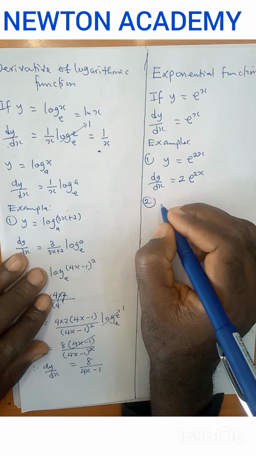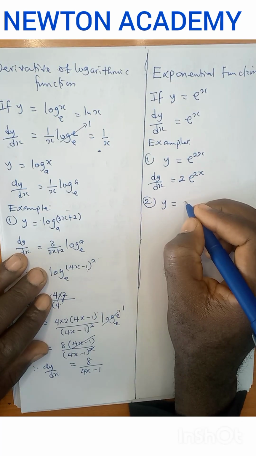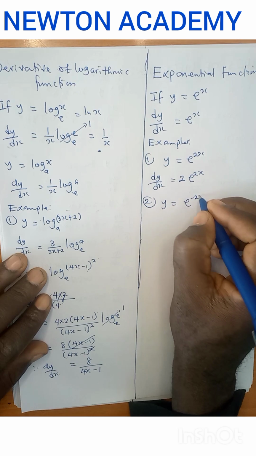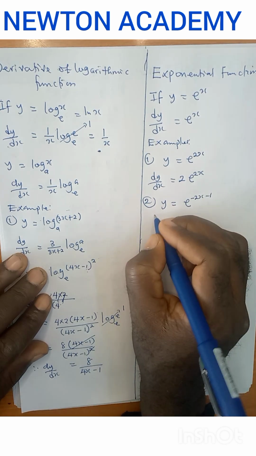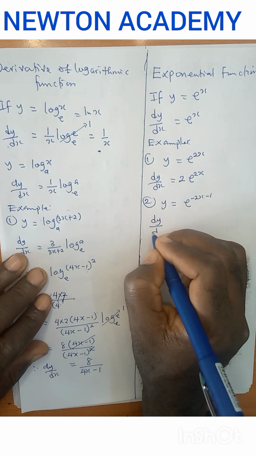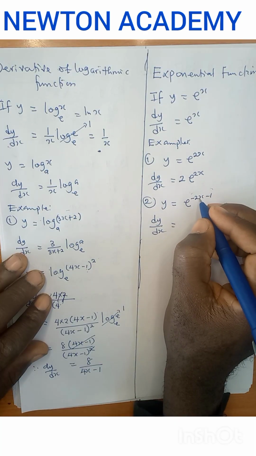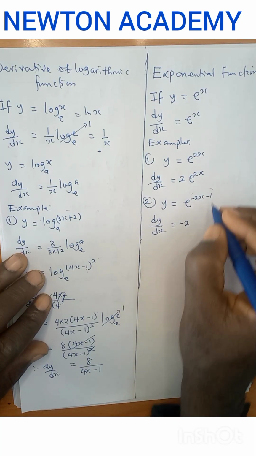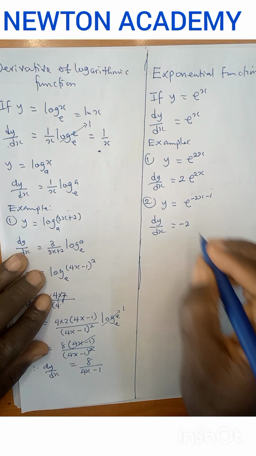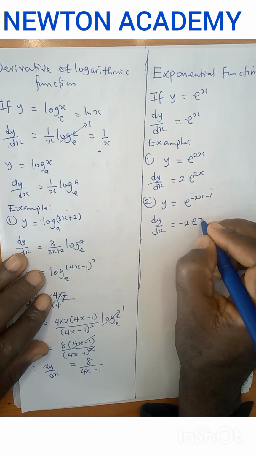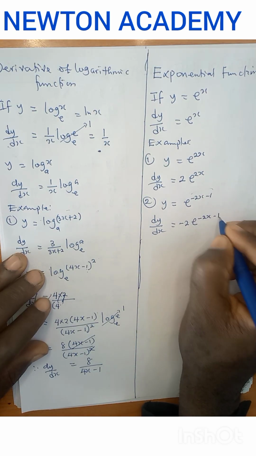Number 2, if you have y is equal to exponential minus 2x minus 1, then dy/dx will be equal to, you differentiate this one. Differentiation of minus 2x is minus 2. Differentiation of minus 1 is 0, you throw it away. Then exponential minus 2x minus 1.